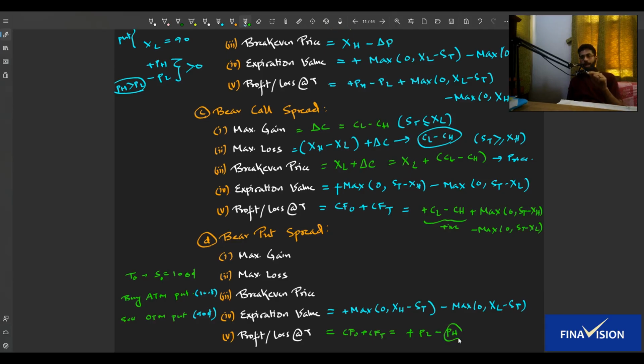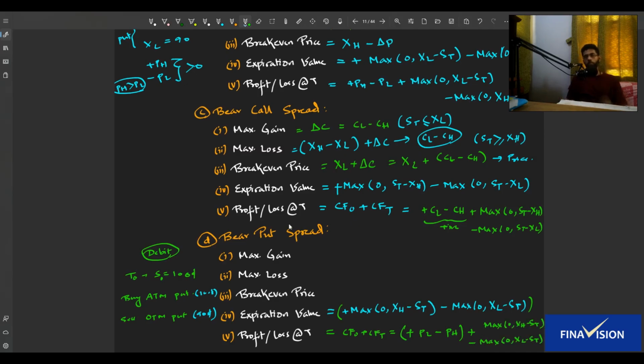Here PH is higher. So a bear put spread is a debit spread. Plus PL minus PH, this is the initial cash flow. CF0 plus the value at expiration, this is the final cash flow, right? So let me write it down.